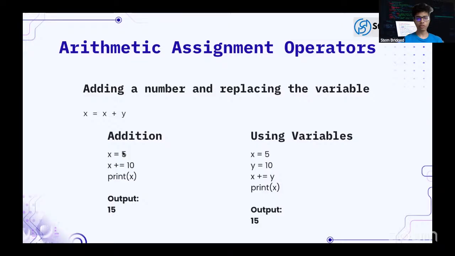Initially you have 5, and then you add 10 more, and that would lead to 15. You can also use variables: x is initially 5, y is initially 10, and then you add y to x. That's what x plus equals y means, and that would lead to x being 15.